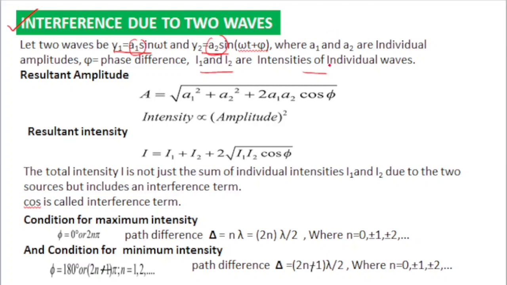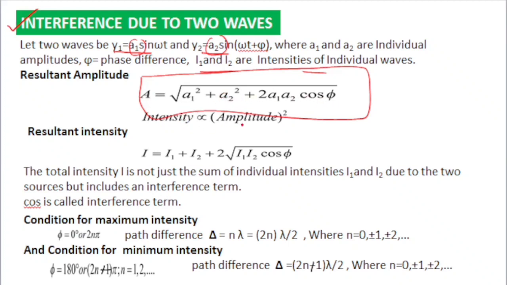After applying the superposition principle, you get the resultant amplitude A equal to under root a1 square plus a2 square plus 2 a1 a2 cos phi, where a1 and a2 are amplitudes of the individual waves and phi is the constant phase difference between them.